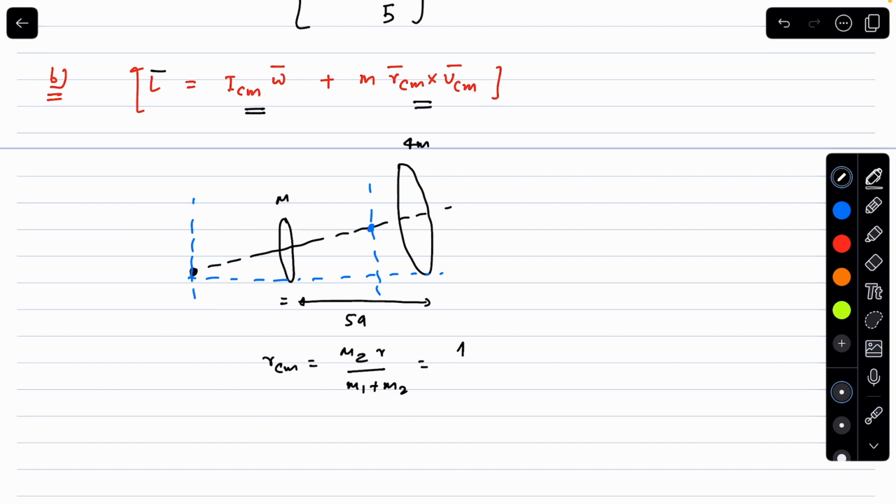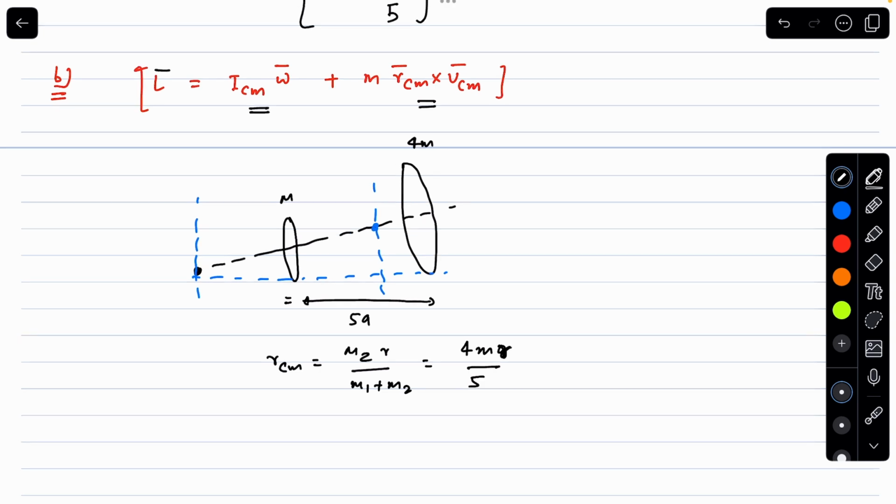That becomes 4m multiplied by r divided by 5m, so it becomes 4 by 5 times r. Now we calculated that this distance r is 5a, so this becomes 4 by 5 multiplied by 5a, which is 4a.